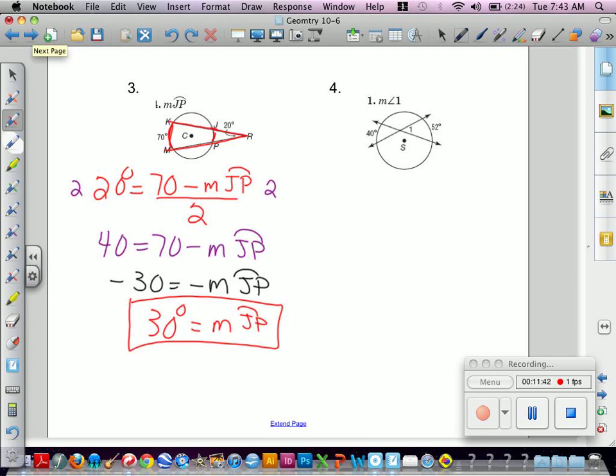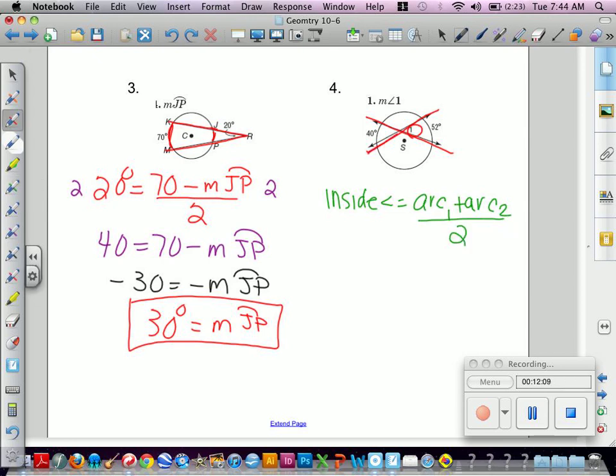Let's take a look at example number 4. I'm looking for angle 1. This time I have an inside angle. Do you guys see here? These are two secant lines crossing, and that's an inside angle. So let's review that formula. Inside angle equals arc 1 plus arc 2, divided by 2.